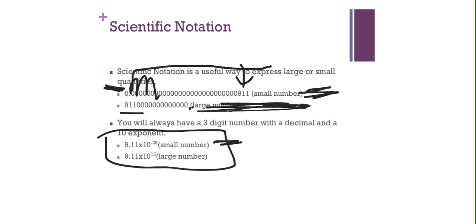Same thing goes for the very large number. I have my decimal here at the end. I will move it until I am in between the first two non-zero digits, and then I would add the 10 to the whatever exponent, and in this case, it's 10 to the 15. That seems really confusing, but I'm going to do a smaller one.